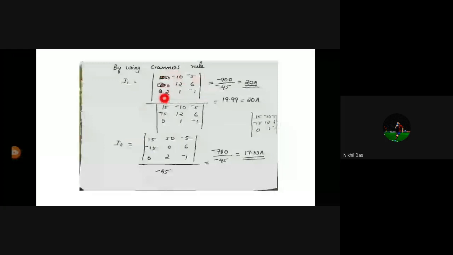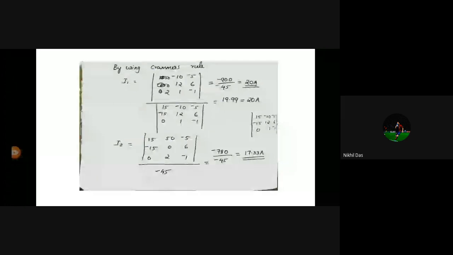Ashwand is there? Otherwise, I will be marking absent. Ashwand? Jyotish? How can you find the determinant?